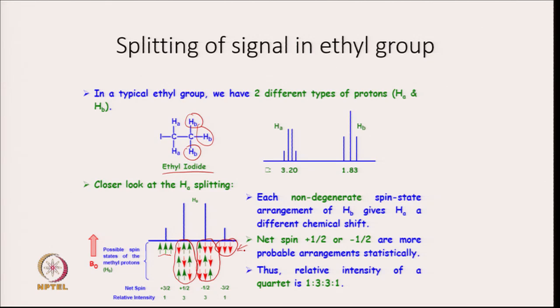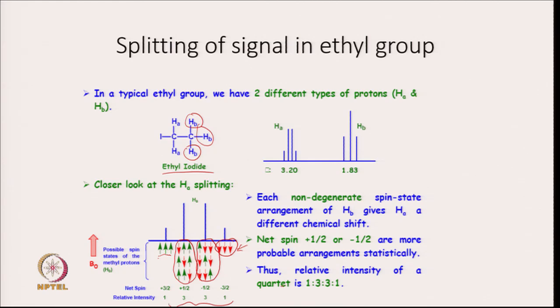So, splitting will happen, the signal of HA will split into 4 with this intensity ratio 1:3:3:1. This ratio is because there is only one combination for all 3 spin up. There are 3 different combinations for 2 up, 1 down, 3 different combinations for 1 up, 2 down, and 1 combination for all 3 down.